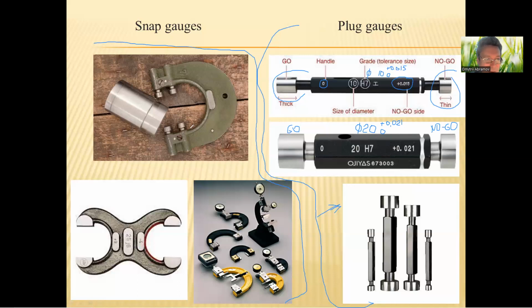In this picture, you can see the snap gauge with go and no go sides. This is the diameter of the shaft that we can control by this snap gauge. The shaft has nominal diameter 25, J6.